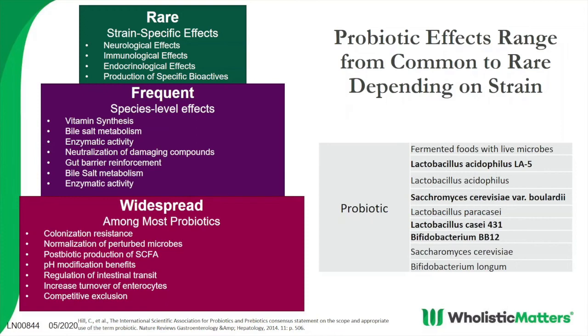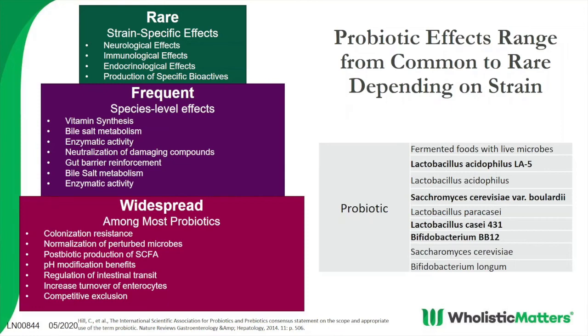But then you have some of the really rare effects that are very strain specific. And in the widespread effects, they can be things like colonization resistance, pH modification, producing short-chain fatty acids, regulating intestinal transit, competitive exclusion.